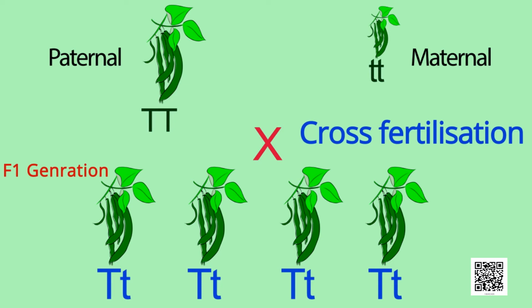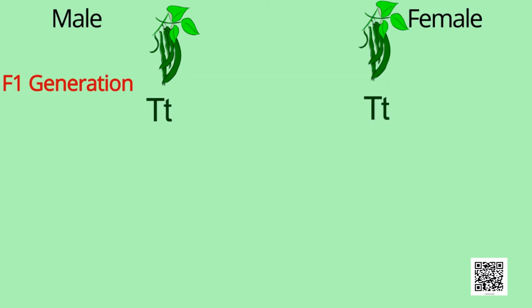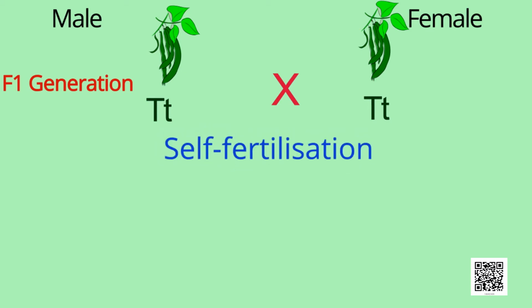This means that in the F1 generation, only one of the parental traits was seen and not a mixture of the two parental traits. Then Mendel experimented on the F1 generation plants, which were all tall. He self-pollinated them, and then studied the plants of the F2 generation.